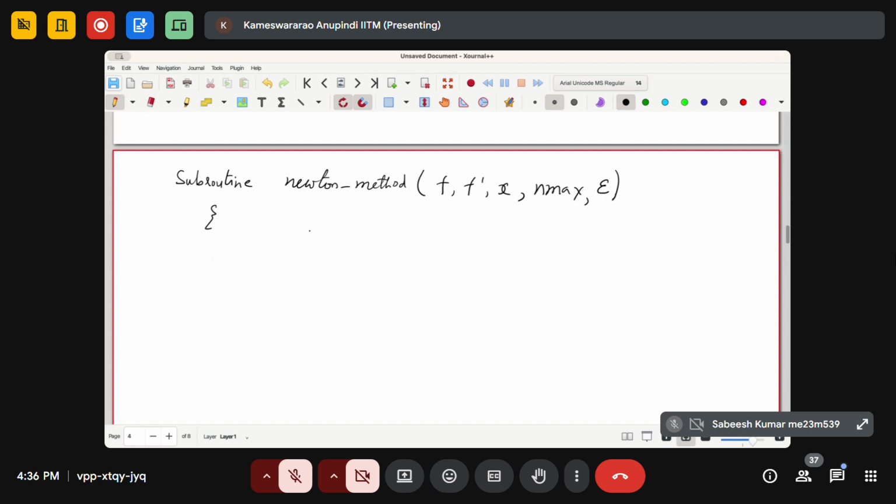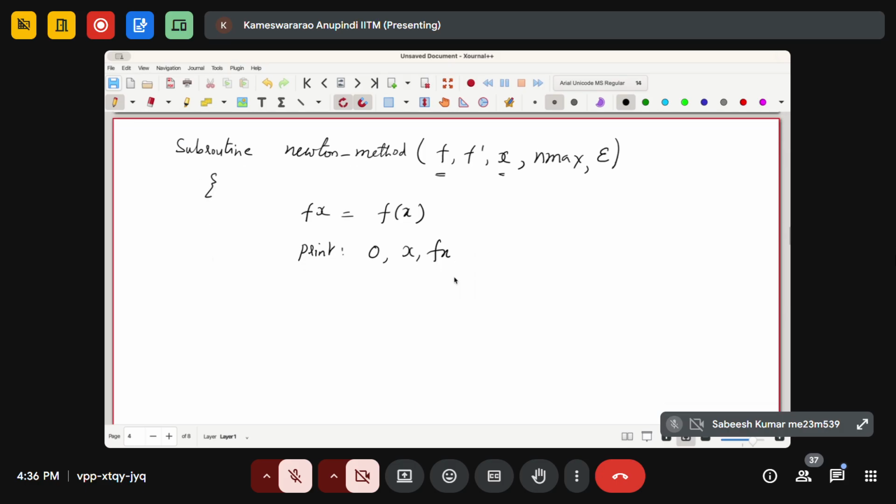Then as soon as I enter, I can calculate fx equals f of x. I have passed the function and the initial guess, so that is my fx. Then I can print out the 0th iteration, the x value, and the f of x value. So I'm printing out the iteration number, x value, f of x. Once I print this, I can do iterations.